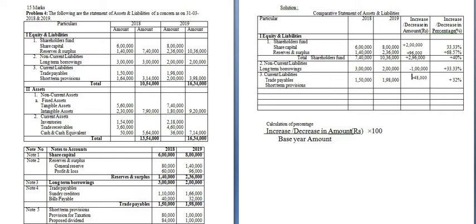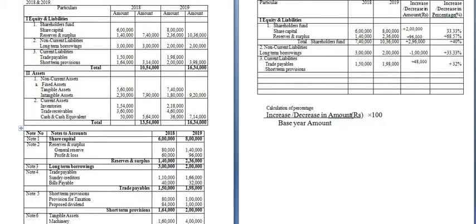What is the amount of short-term provisions? Check in note number 5 here. Short-term provisions include provision for taxation, 80,000 and 1 lakh. Next, proposed dividend, 84,000 in 2018 and 1 lakh in 2019.